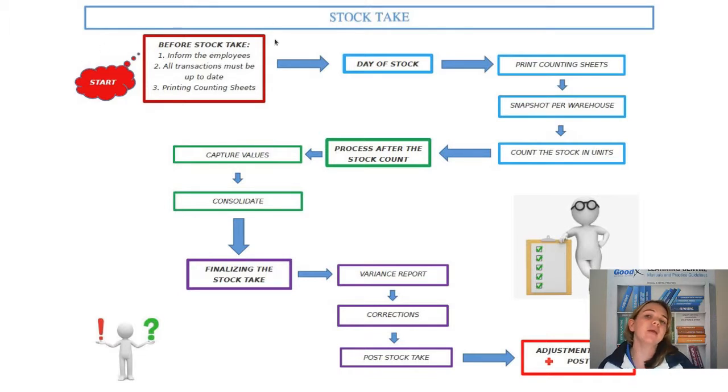So the stock take is divided into before the stock take, the day of the stock take, the process after the stock count, and then finalizing the stock take. Okay, so it's divided in 1, 2, 3, 4, and then the adjustments, of course, but it's divided in 4 processes that you have to follow.